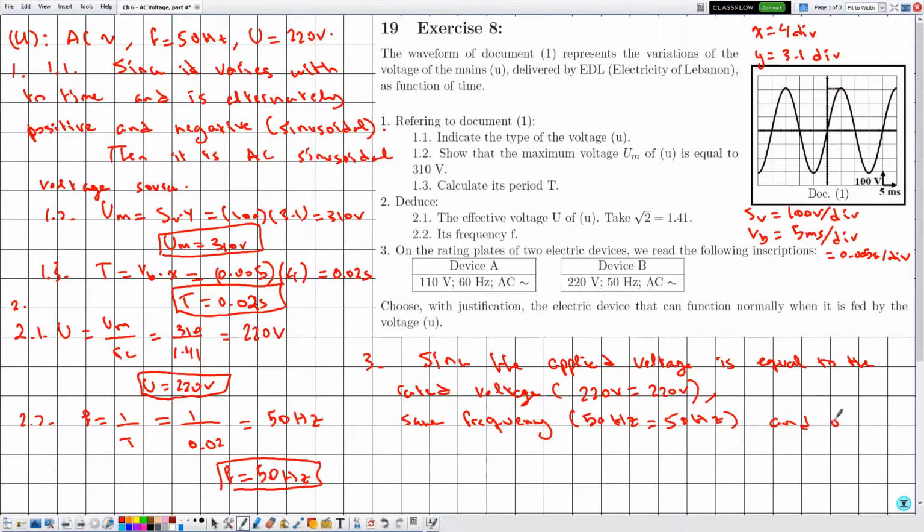And of same type, which is given by AC sinusoidal. Then device B functions normally when fed by U.